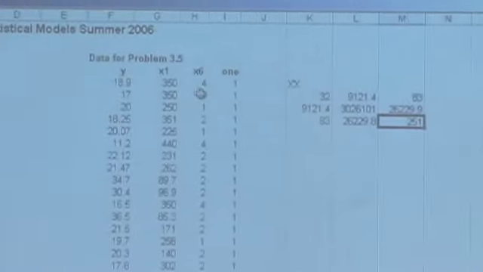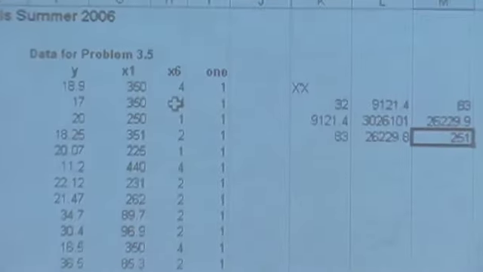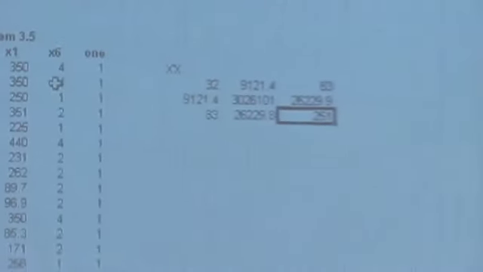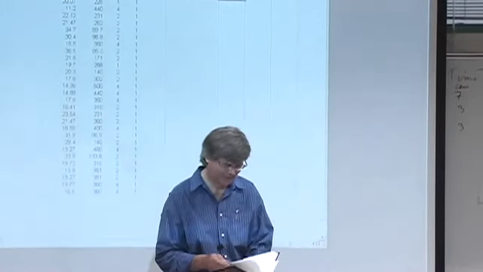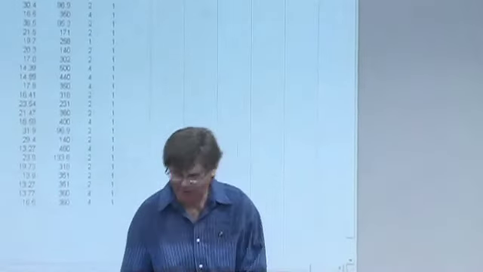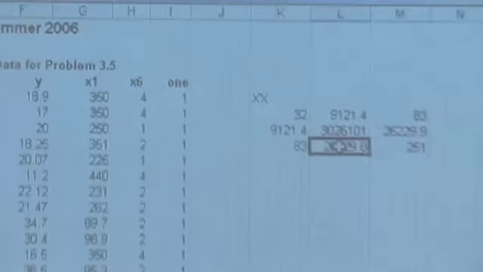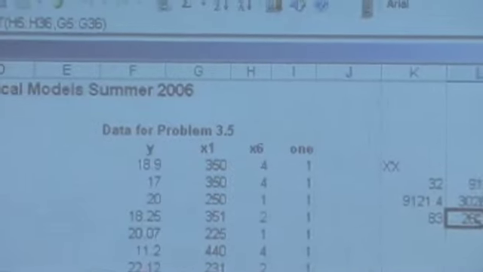But anyway, maybe it was some other kind of carburetor ports, carburetor barrels. Okay. And then on this one, for example, this is the sum of products of x1 and x6.